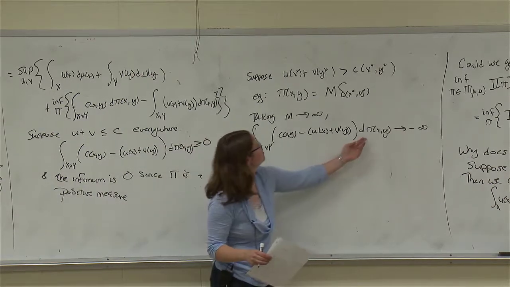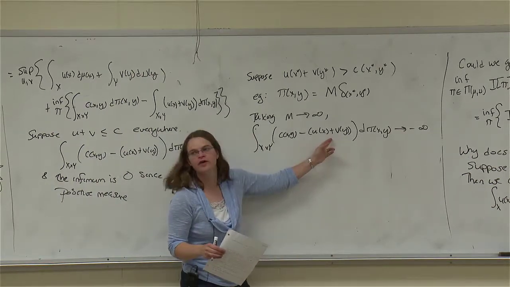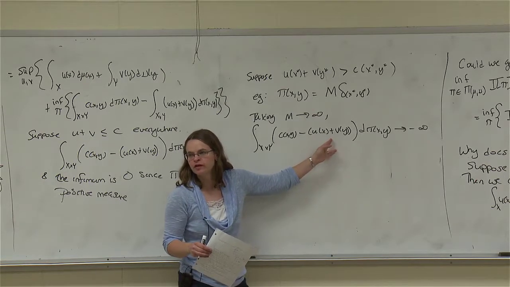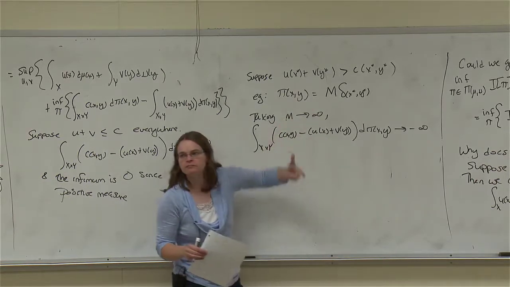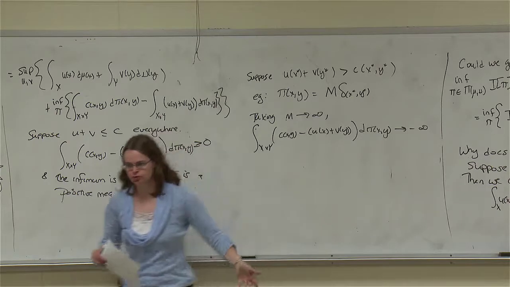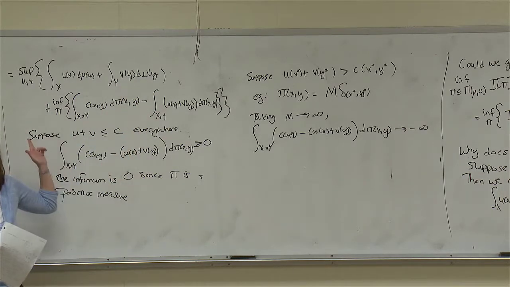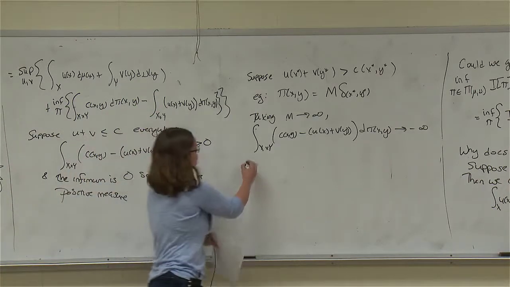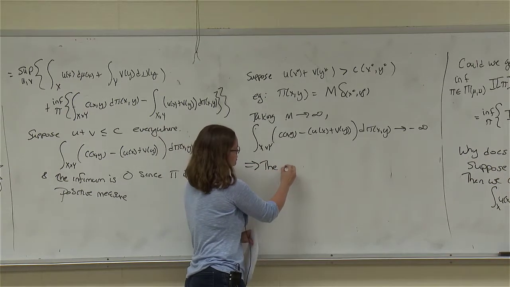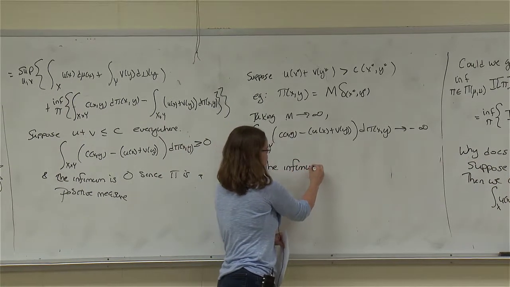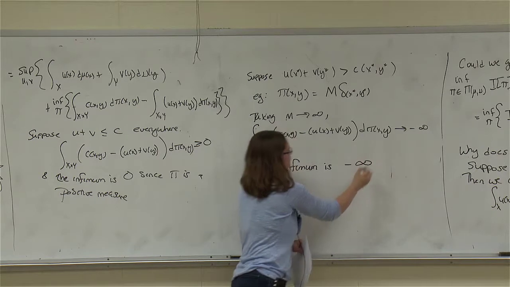Because by putting in this delta measure, I'm just picking out the one value where this thing was negative, and then multiplying that negative number by something that's huge. Okay, so if we don't happen to live in the constraint set, this infimum here is going to be minus infinity.